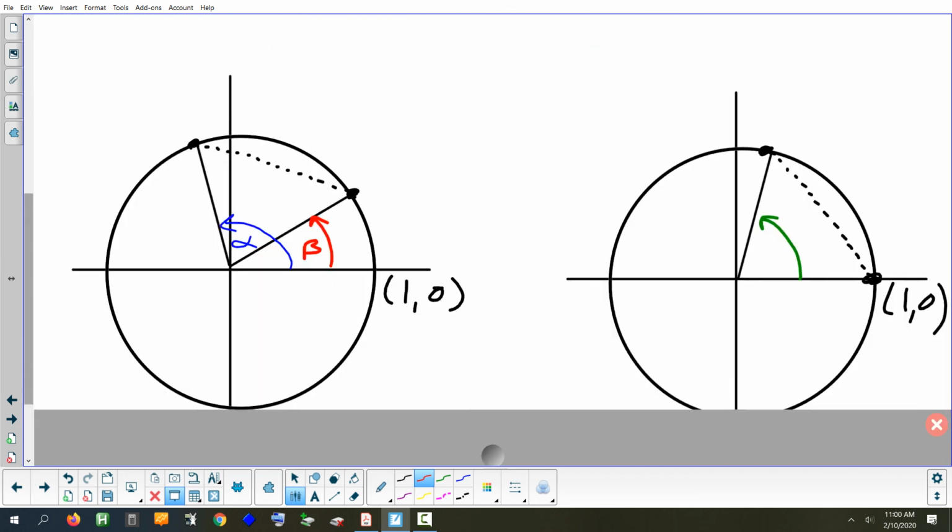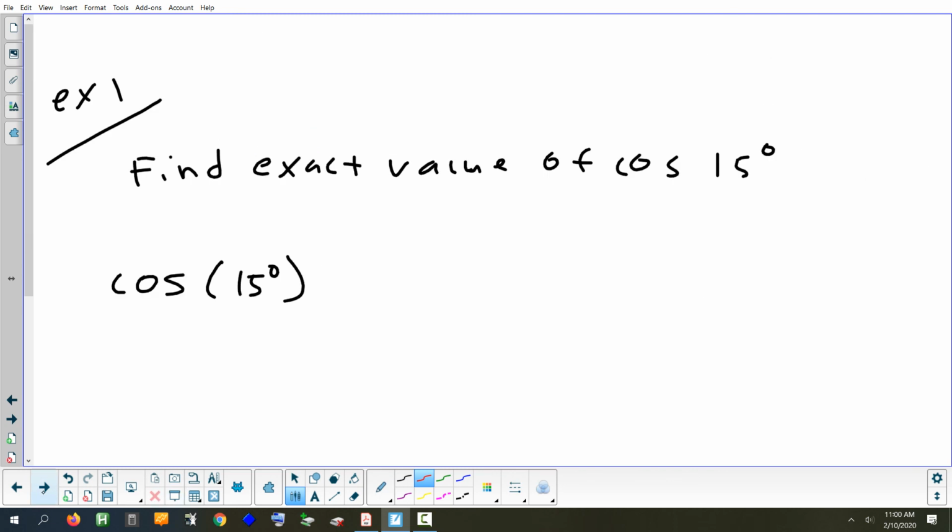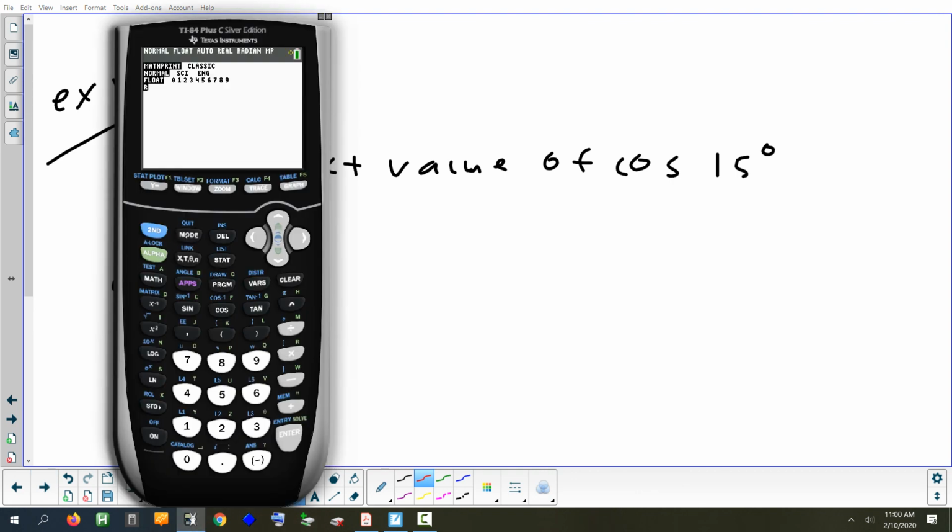So we are going to hold off on the proof, but it involves looking at two diagrams, which we're not going to do. Okay, what we are going to do is use the formula to figure out the exact value of that. Now, this, if I use the calculator, put it in degrees, and press cosine 15, that's not the exact value.